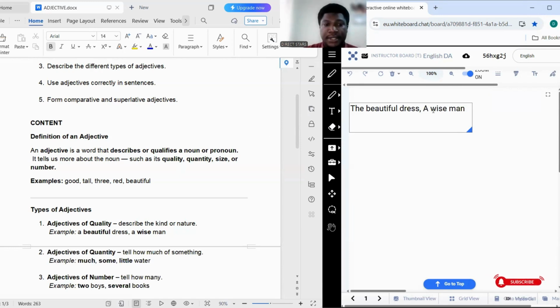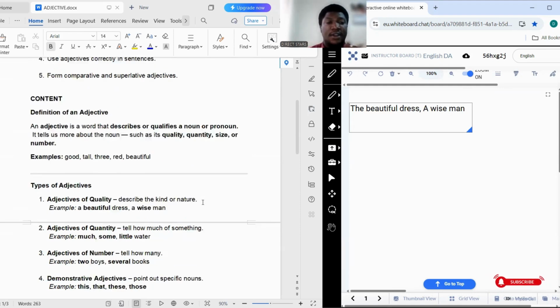Beautiful and wise show us the quality. They show us the nature of the noun in that sentence. Dress is the noun there. Beautiful is showing how easy on the eye the dress is. For man, wise is showing how bright or intelligent or learned the man is. That's an adjective of quality.